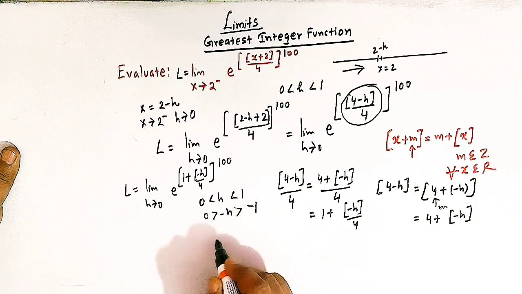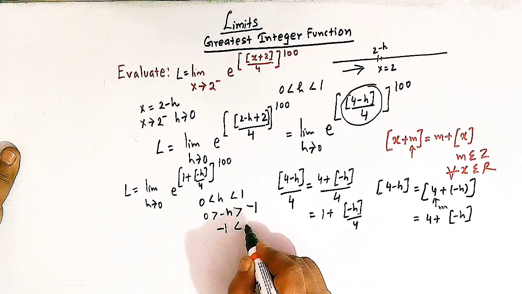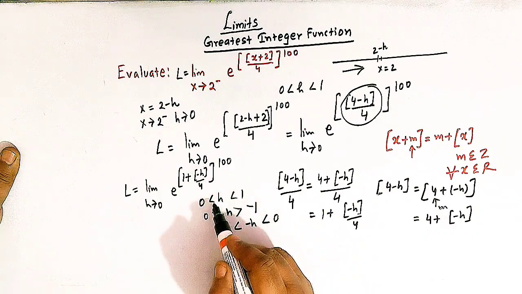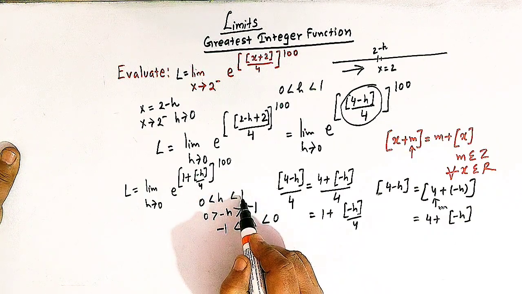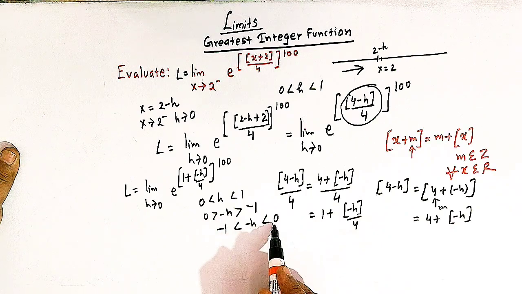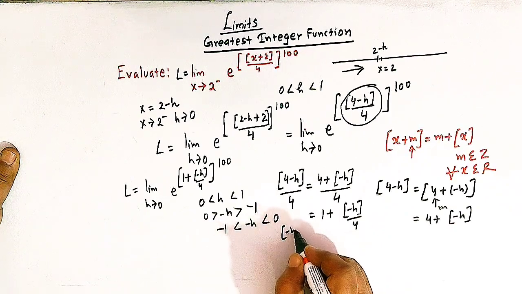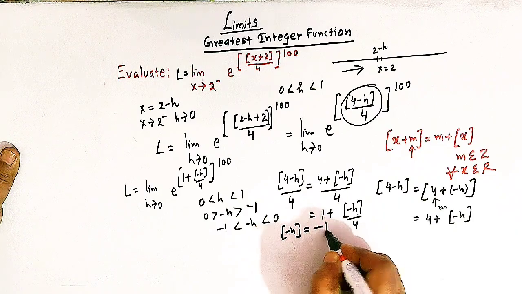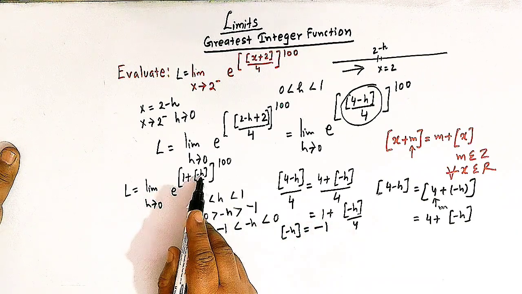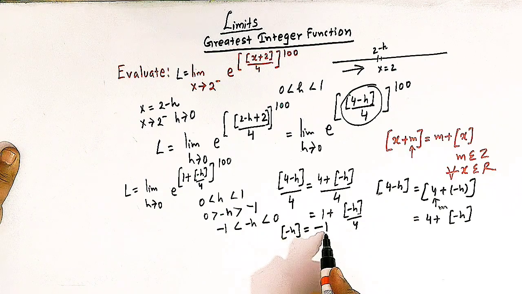And we can also rewrite this inequality as minus 1, then minus h, then 0, right? So when h lies between 0 and 1, then minus h lies between minus 1 and 0. So the greatest integer of minus h should be equal to minus 1. So we can now take greatest integer of minus h as minus 1.